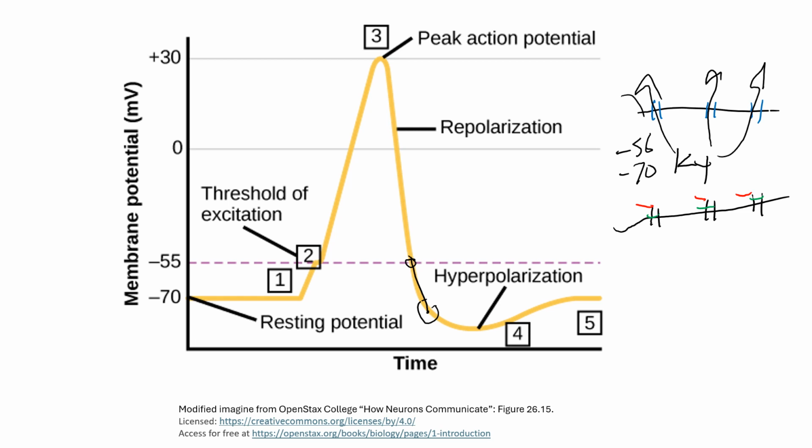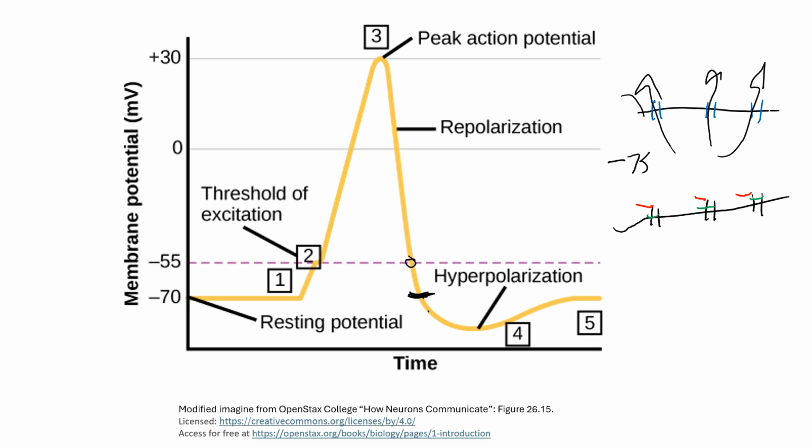All right, so one would think once we get back to -70 millivolts, everything would return to normal, but it in fact is not. When we get to -70 millivolts, which is approximately right here, the interior keeps becoming more negative. It hyperpolarizes. The interior actually goes all the way down to like -75 or so.